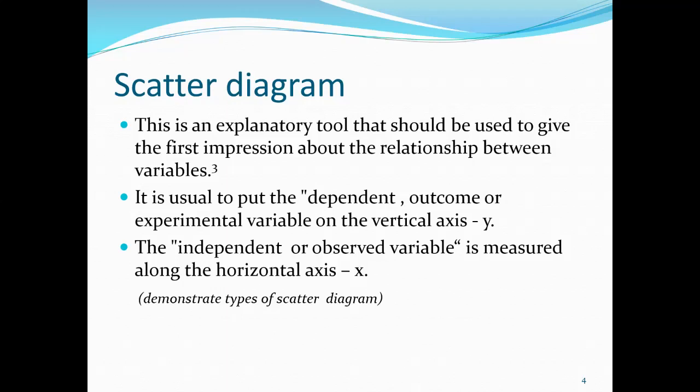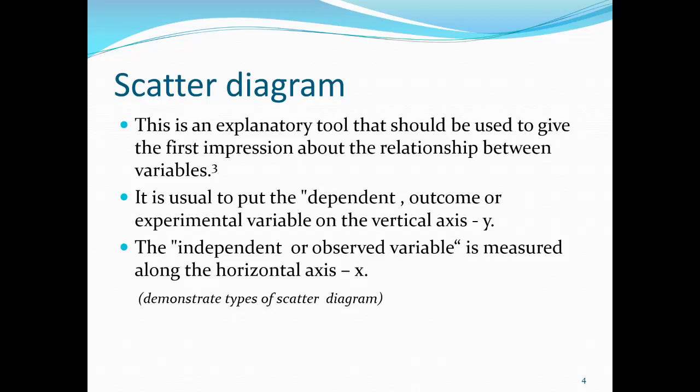Now, I don't want us to cram dependent, outcome, experimental variable versus independent or observed variable. Let's break it down so that we understand what they mean. Now, a variable is said to be dependent if its value depends on the value of another variable. Simple. Let me even be sure you understand what a variable is.